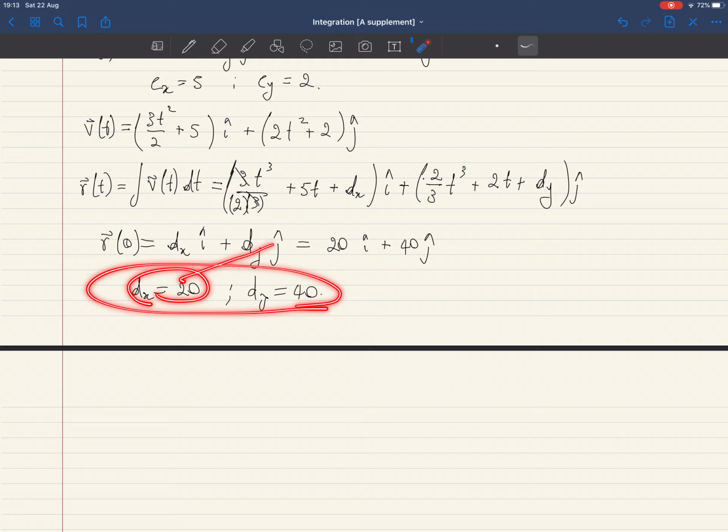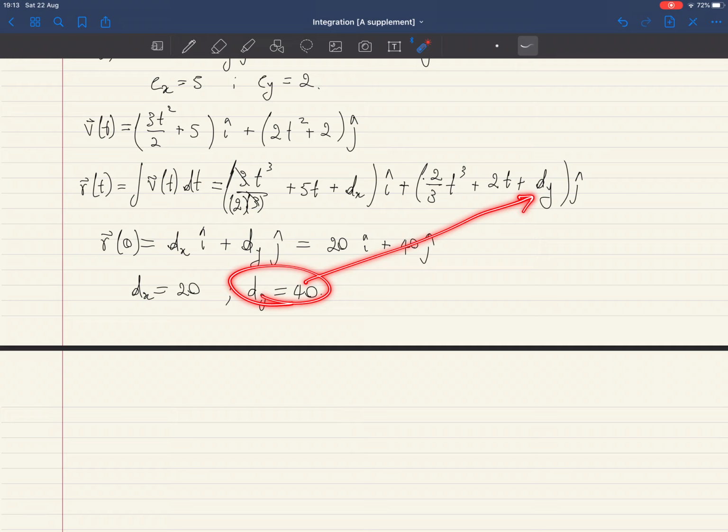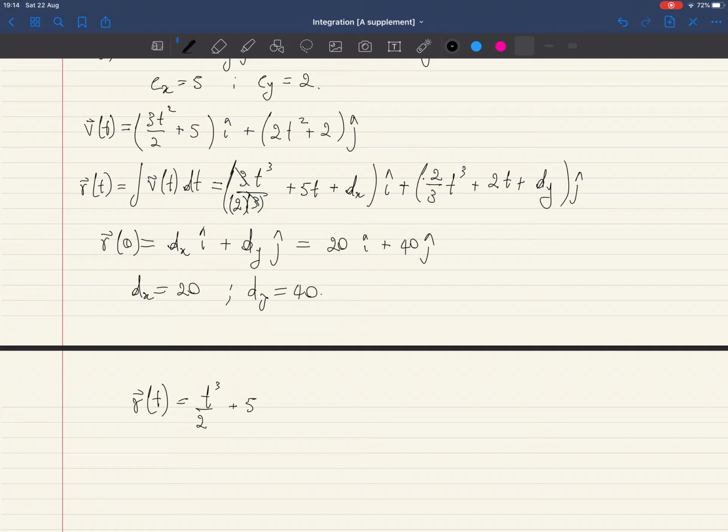So dx is going to be 20, and dy is going to be 40 over here. So what we have is our position function as it depends on time is given by half t cubed plus 5t plus 20. This makes up our i component, and it's going to be 2/3 t cubed plus 2t plus 40. And this makes up our j hat component.